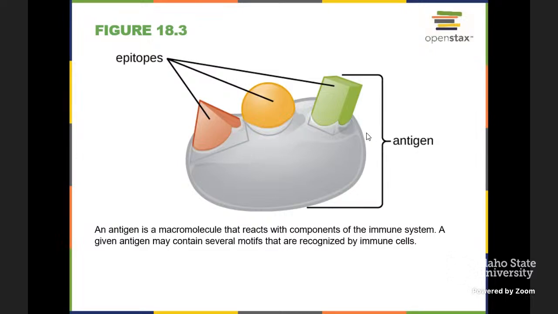And on those antigens are specific bits that stimulate some sort of a response. We call the part of the antigen that's really responsible for doing that stimulation epitopes. And there's all sorts of different things that could be antigenic, but oftentimes when we think about antigens, the majority are types of proteins.